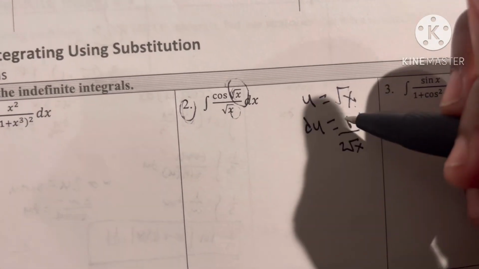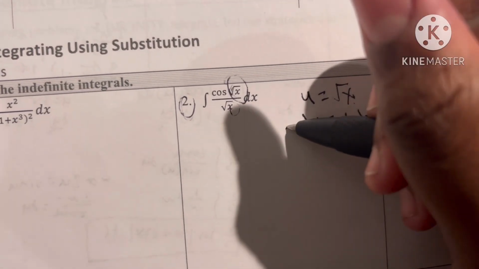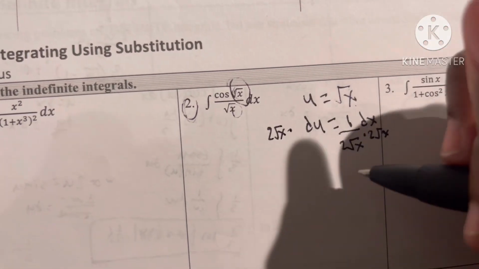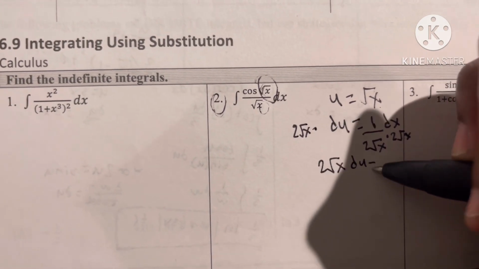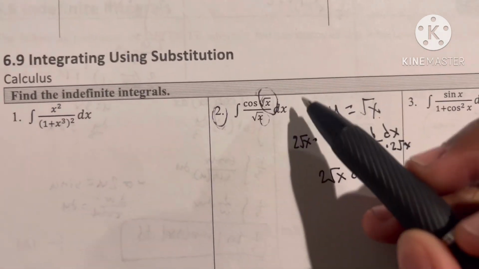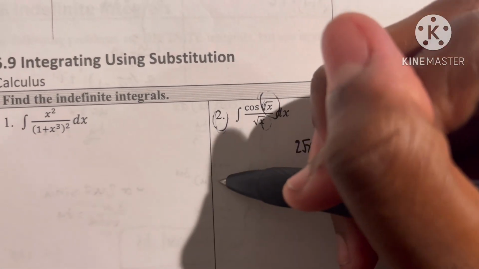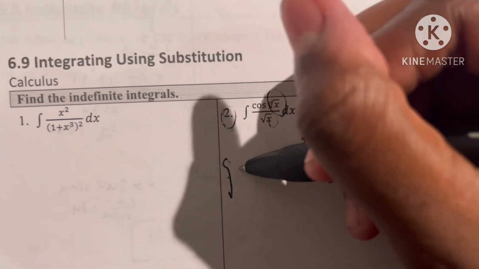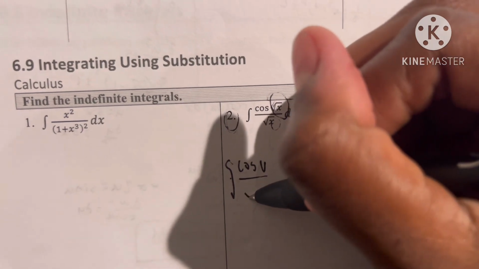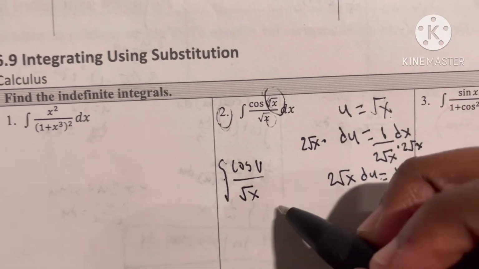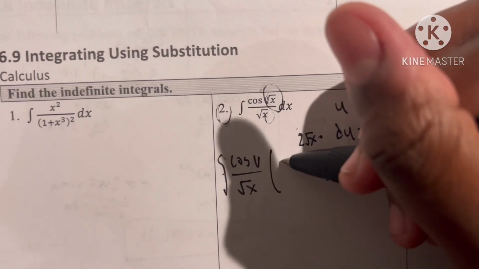Now I want to get dx alone. I will multiply 2 square root of x to both sides, and that will be 2 square root of x du equals dx. So now that I have my dx, I can already see, based off what I have, that my square root of x will cancel, because that's my dx and it's on top.